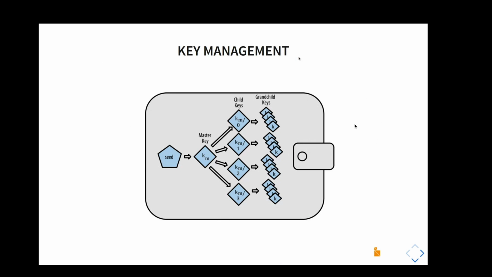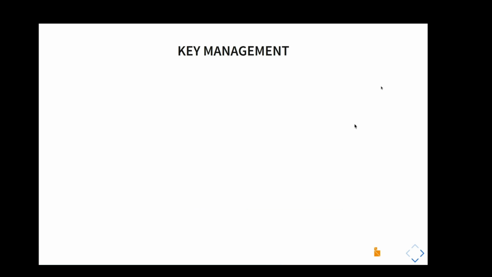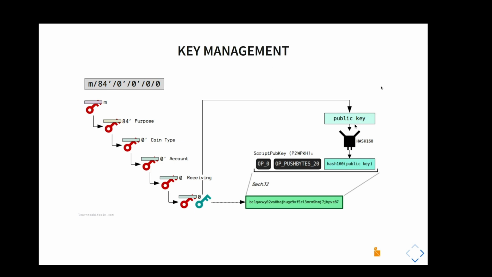So we have this tree structure that is very common in a lot of wallets, and we also can produce the derivation path for BIP84 and all the related ones to this tree structure that we are used to seeing in a lot of wallets in Bitcoin.